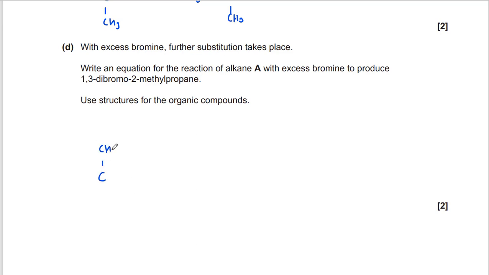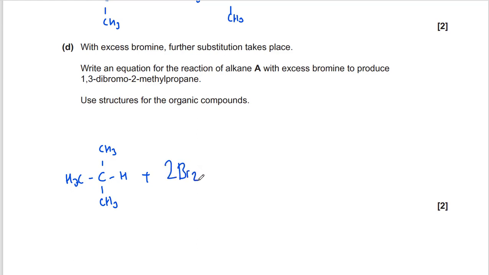It's much easier this way. CH3, H, CH3, H3C. Now, we're adding 1,3-dibromo-2-methylpropane. So what we're going to need is 2 bromine molecules.